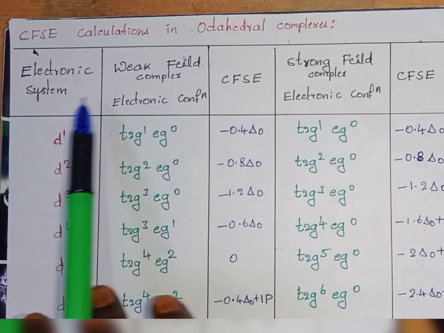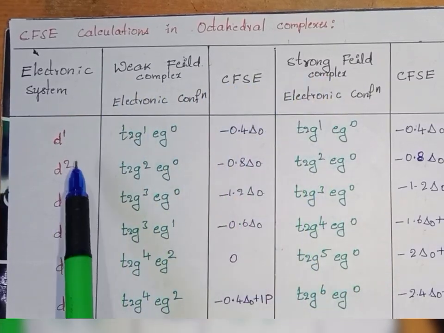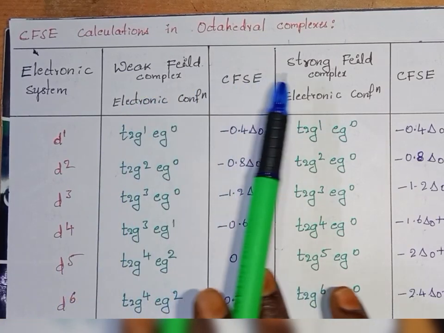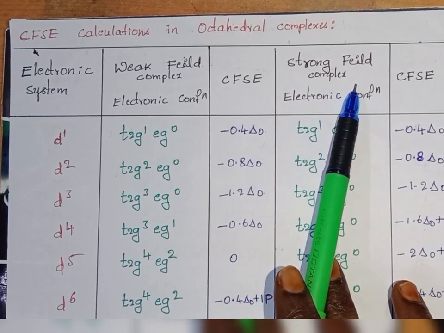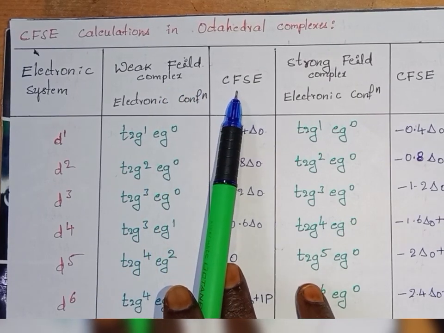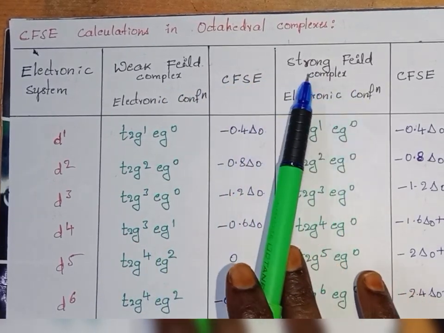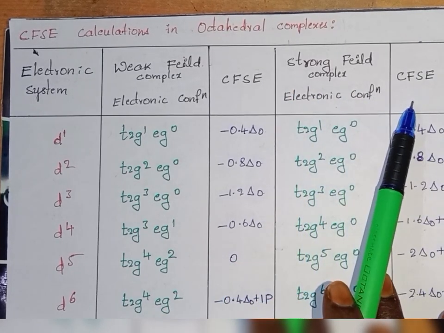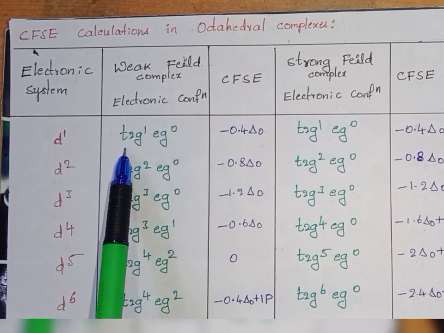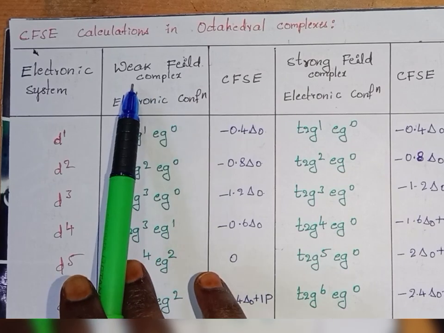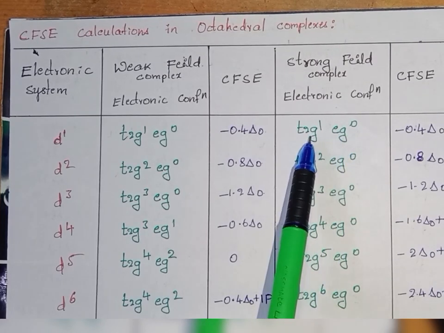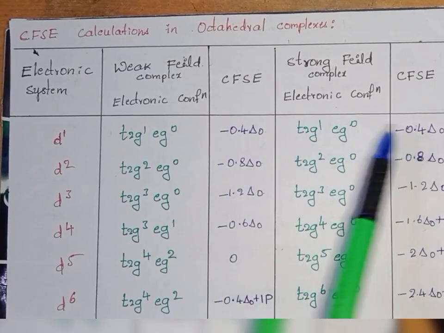Now let us see the CFSE calculations in octahedral complexes for different electronic systems, first considering weak field complexes and then strong field complexes, writing the electron configuration and calculating the CFSE for each. For the d1 system, the configuration is t2g1 eg0 for both weak and strong field, and the CFSE is the same.